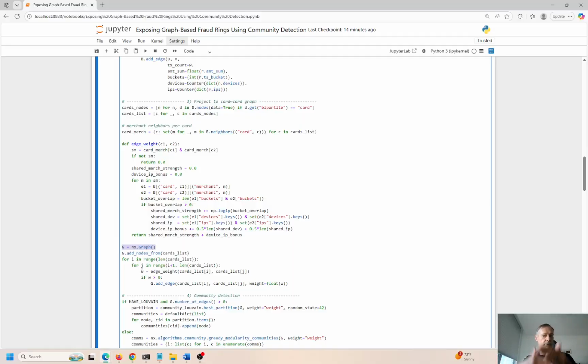So we're going to go through all the different rows in this network and all the different columns. And this is what the I and the J is for, right? So for all I in range length cards list, and for all J in range I plus 1 of the cards list, we're looping again through every possible combination of rows and columns and looking at how everything holistically is combined.